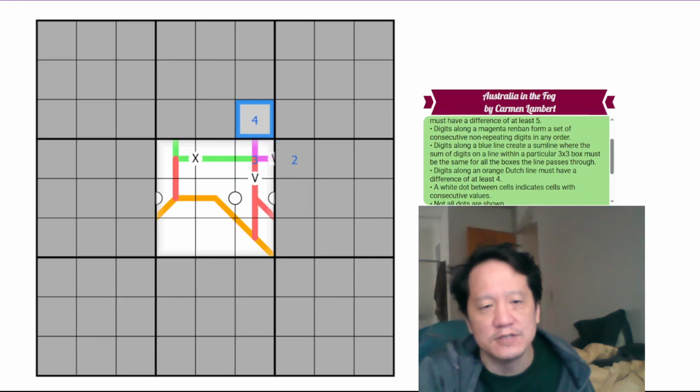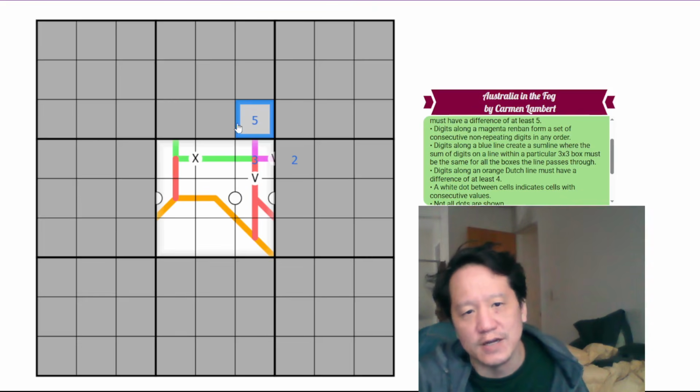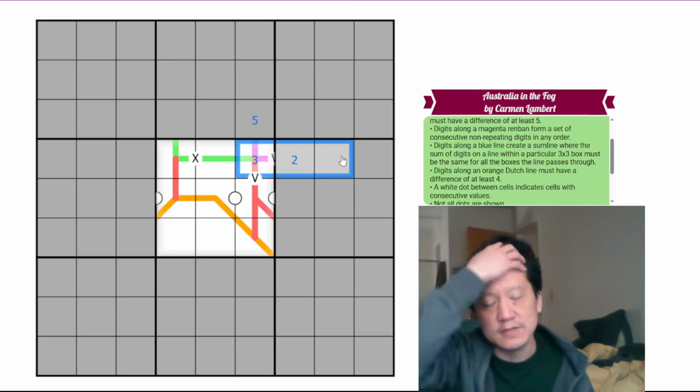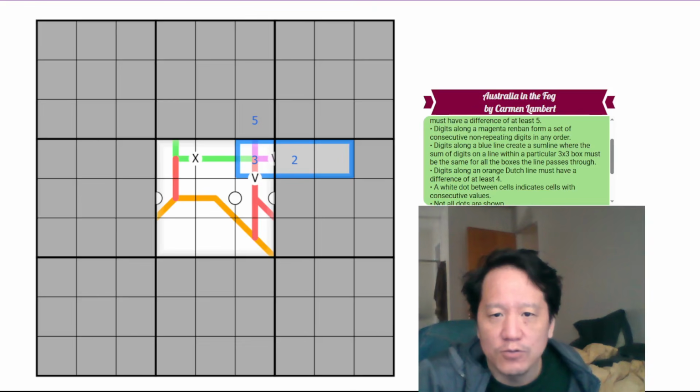You could not have something like 2, 3, and 5 here, because that would not be consecutive. But if we extended it, say this was more than 3 in size, you could have a 2, 3, 4, 5 set that could potentially work. And those are examples of how Renban lines work.